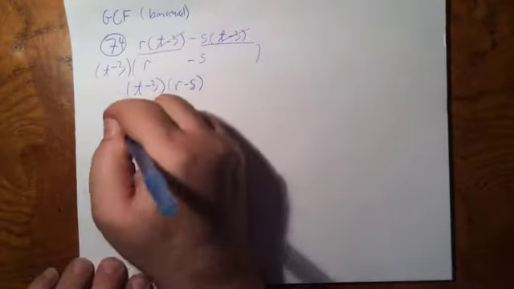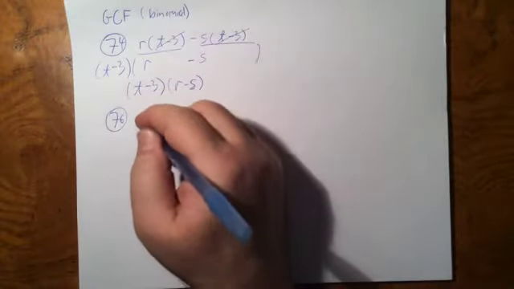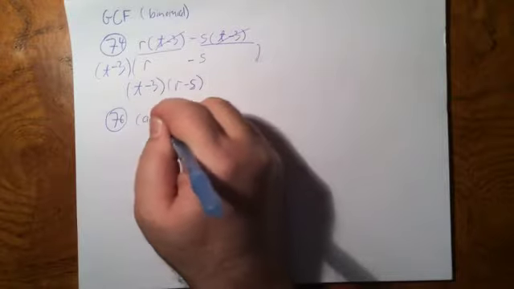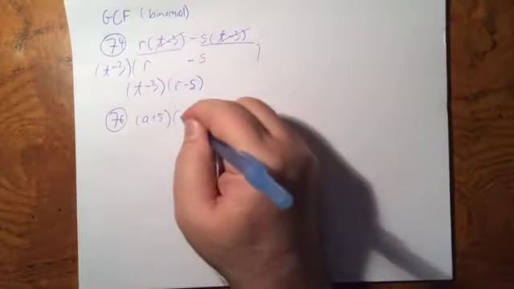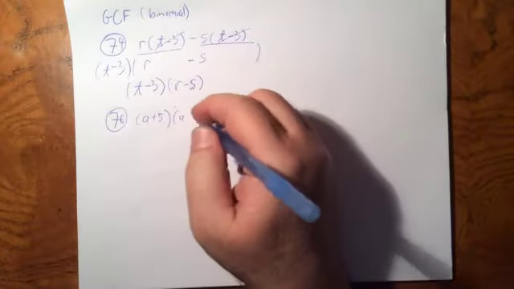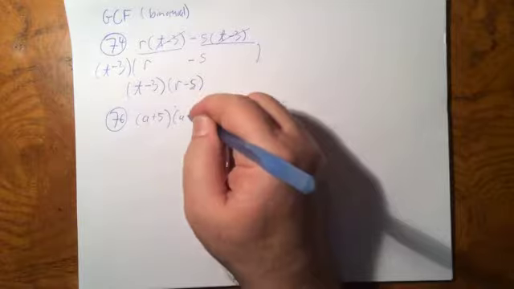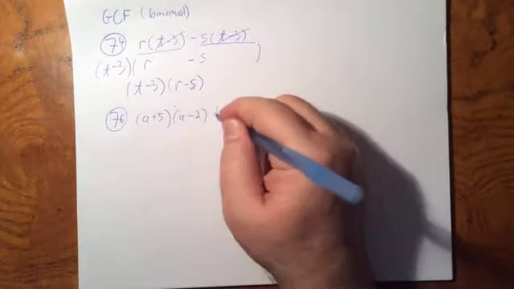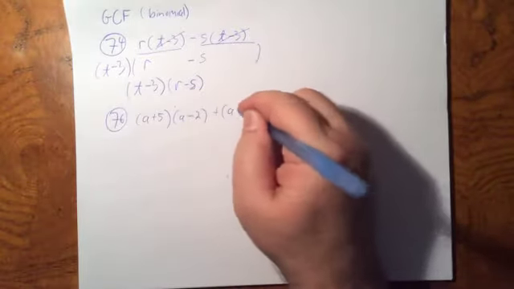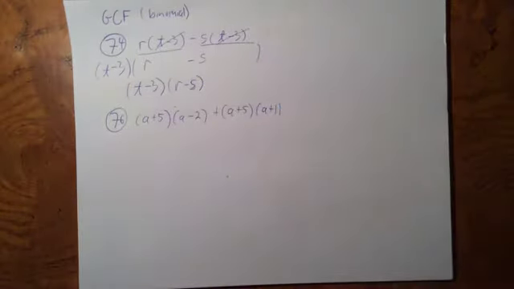Let's go ahead to 76. We have (a plus 5) times (a minus 2) plus (a plus 5) times (a plus 1).